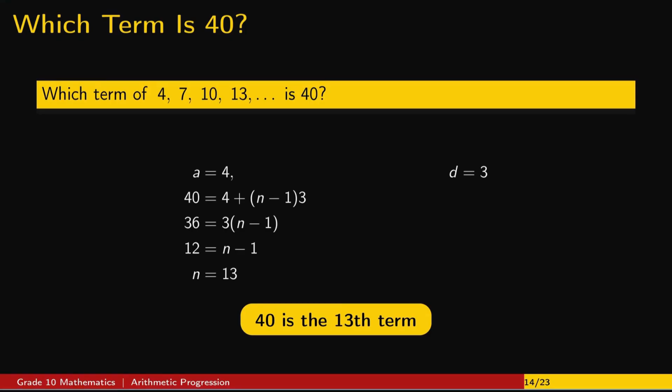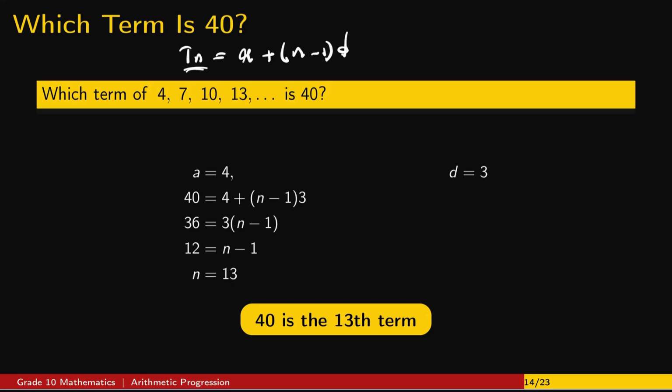Okay, what about this example? Which term is 40? So when they say which term is 40, is it the first term, the third term, the fourth term, or what? So in our formula, we have t sub n is what? A plus n minus 1 multiplied by d.